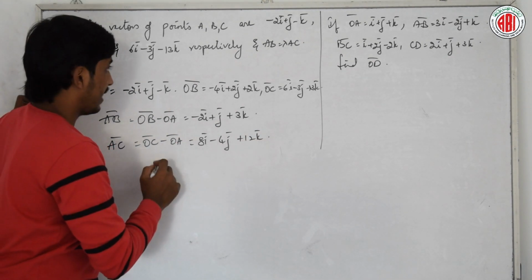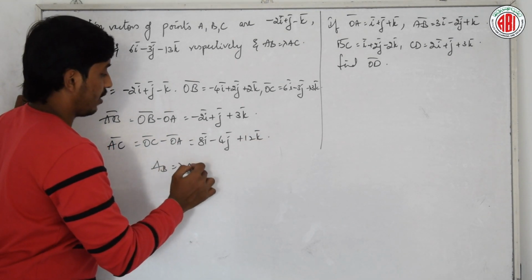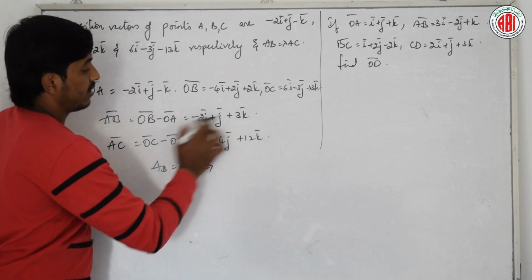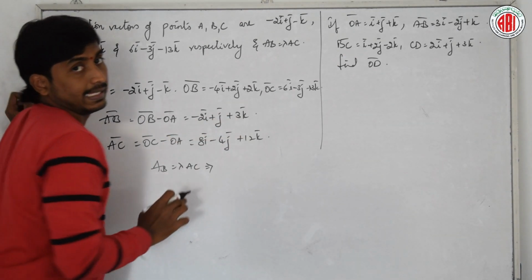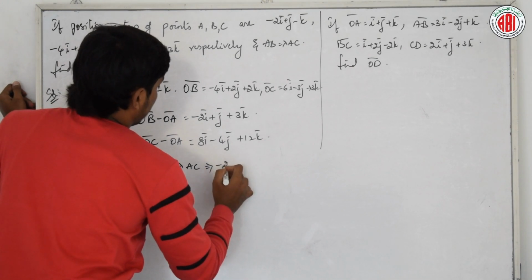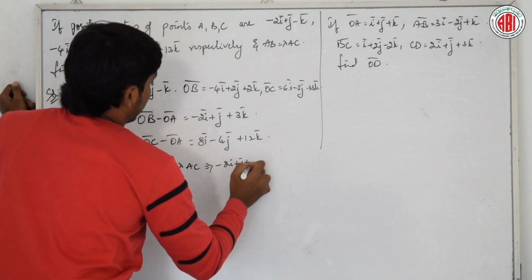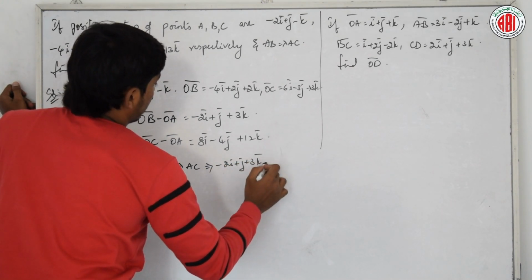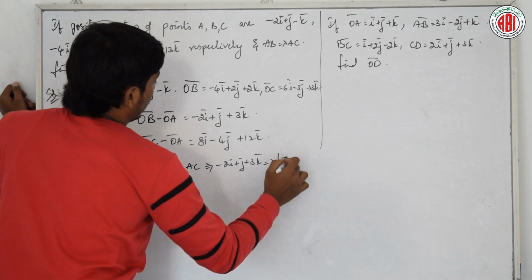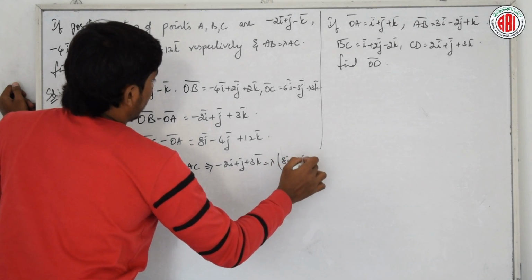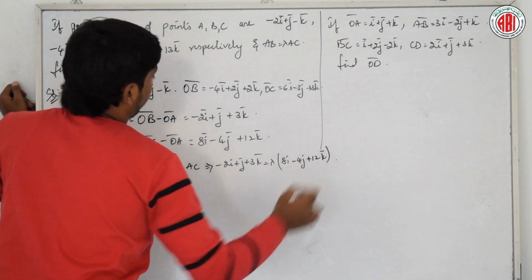Okay, the condition is AB is equal to lambda AC. So this vector is equal to lambda of this, that is minus 2i plus j plus 3k is equal to lambda into 8i minus 4j plus 12k.